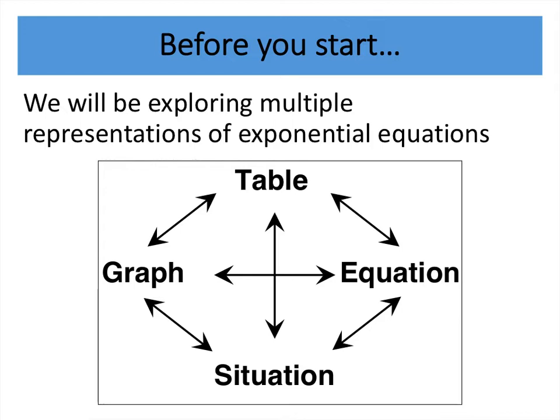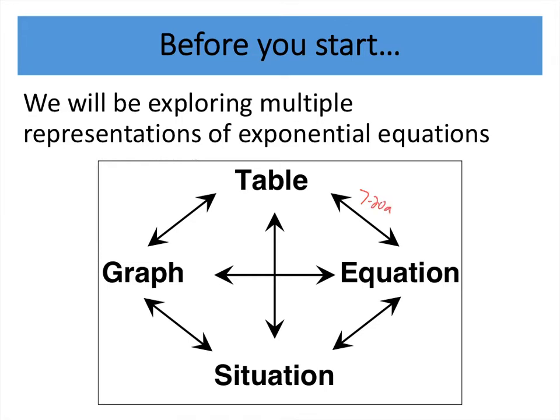So we're going to explore a bunch of different representations today of exponential equations. And when we're working through different problems, I'm actually going to give you different connections between either a table, a graph, an equation, or a situation. So I'm going to outline what those are right now, and I really want you to be paying attention. When you're doing problem 7-20A, you're going to be going between a table and an equation.